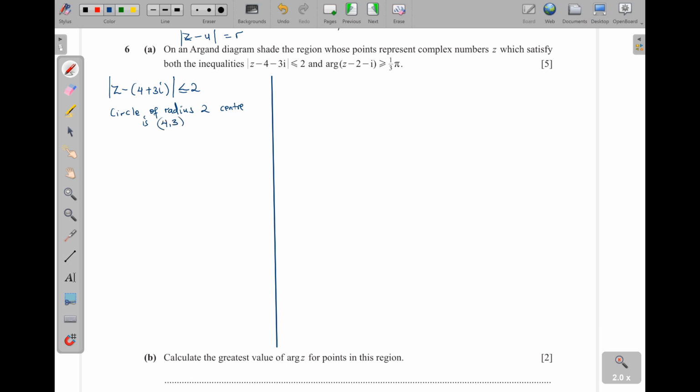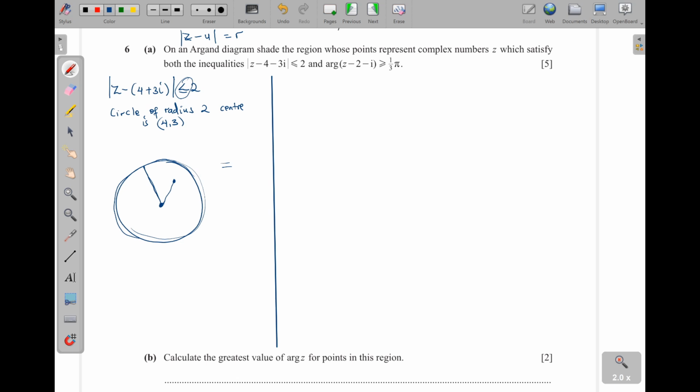Now, if we have less than or equal, it means we are looking at inside the circle. When it is equal, then we are on the circumference of the circle, because whichever point is on the circumference of the circle, it is the same distance from this fixed point, the center. You see that? Then any point inside the circle, its distance from the center here is less than the radius.